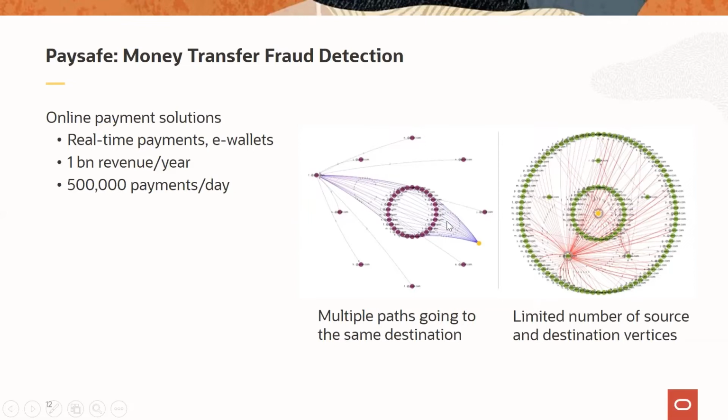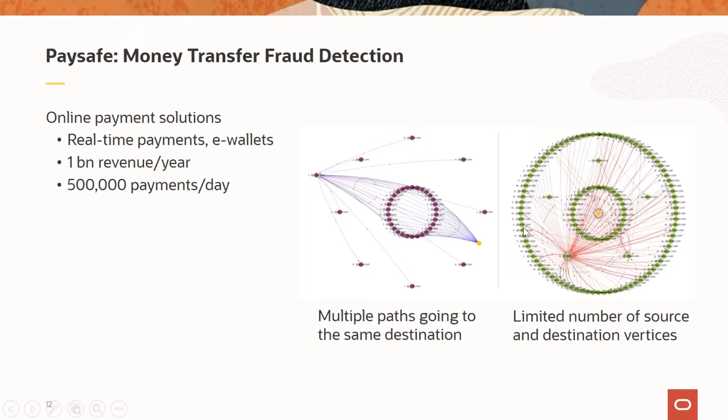But interestingly, they go through a lot of intermediate nodes. This is a sign to Paysafe that something fraudulent might be happening. If money is being transferred from this source node to this destination node, why is it going through all these intermediate nodes? Do they want to hide something? Do they want to get around some maximum transferable amounts and so on?